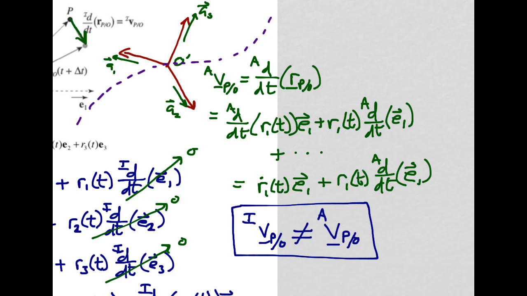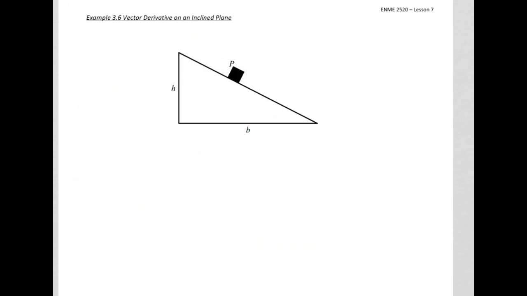That's a key thing to keep in mind, because we're about to start introducing multiple reference frames, and we need to understand how those reference frames cooperate and how they don't, and how to transform between them. We're going to leave those transformations between reference frames for lesson 8, the next one. For now, we're going to stay with our vector derivative, in which we take the derivative of the scalars and simply attach those to each basis vector.